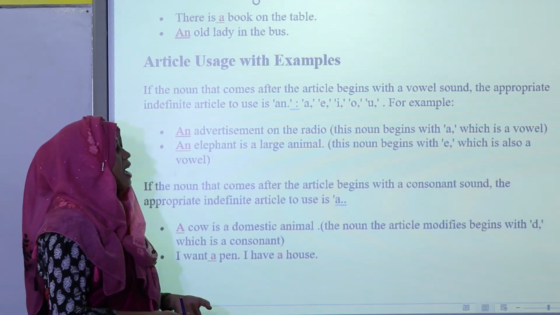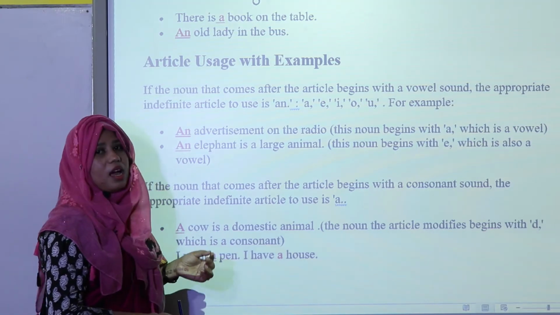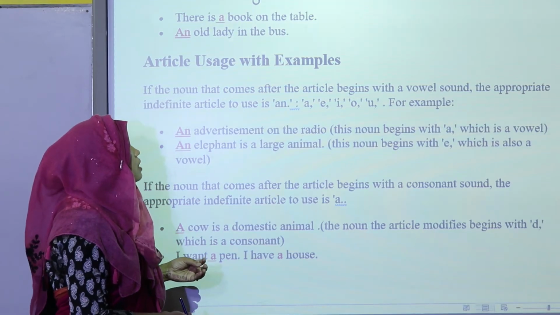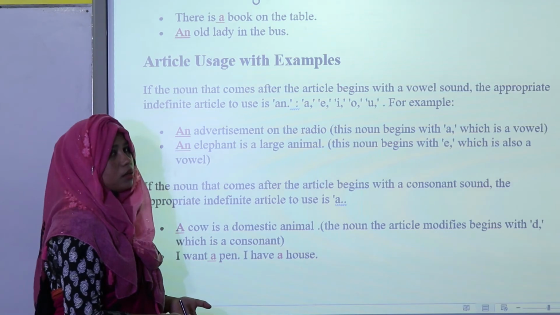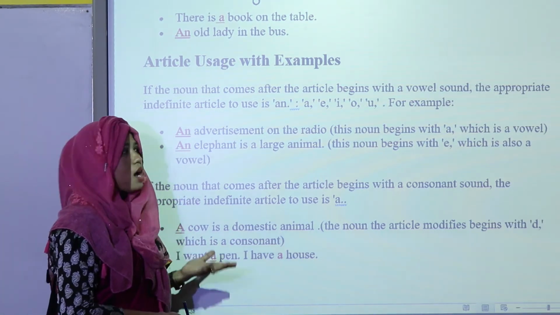It means that if the noun's first letter in the English alphabet is A, E, I, O, U, we use an. Yes? If the sound is a vowel, we use an.